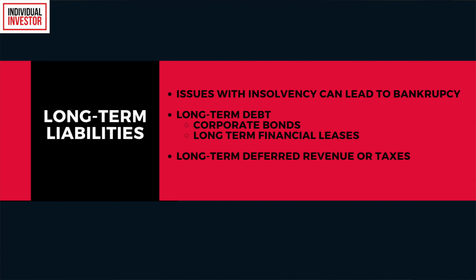And as a long-term investor, you would want to invest in companies that will still be around for at least another 20 to 30 years. Under long-term liabilities, you can have any sort of long-term debt like corporate bonds or long-term financial leases. Also, things like long-term deferred revenue or taxes are also considered a long-term liability.